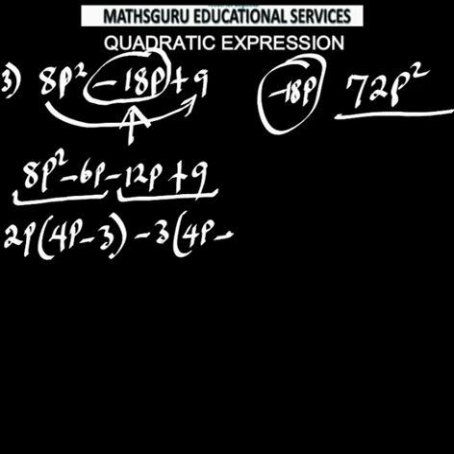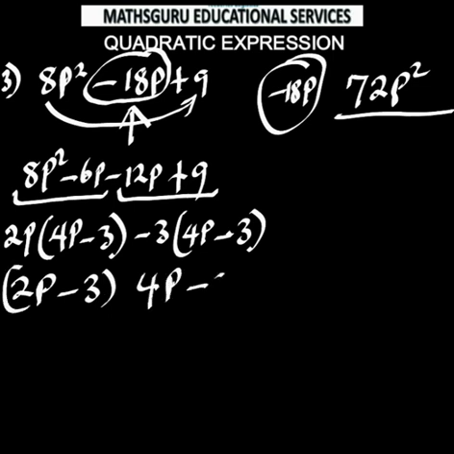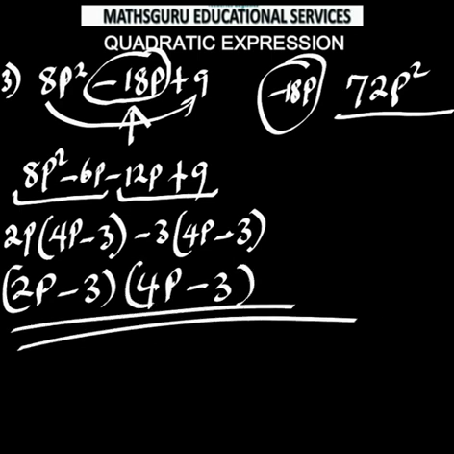Then 9 by 3 is equal to 3. Now we can take the outside expression, 2p minus 3, and then 4p minus 3. By so doing, we have factorized the expression here.